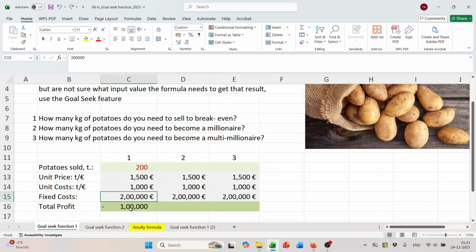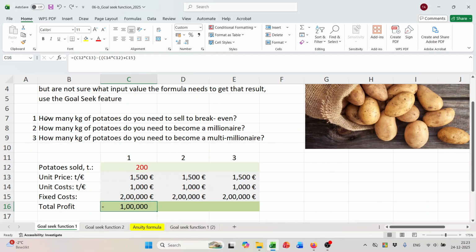For example, if we want a profit of 5,000 euro, how many potatoes do we need to sell? This can be calculated through goal seek. I think this is a little bit complicated, but as we do it practically, it will be easier.